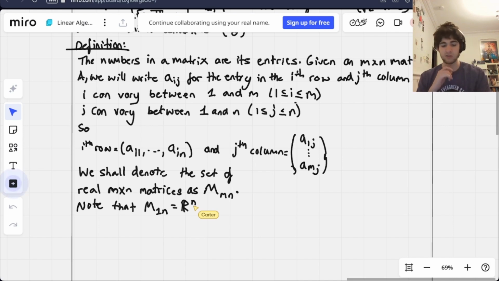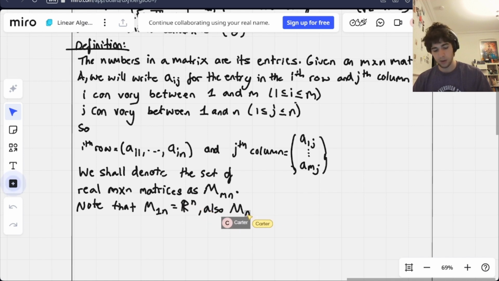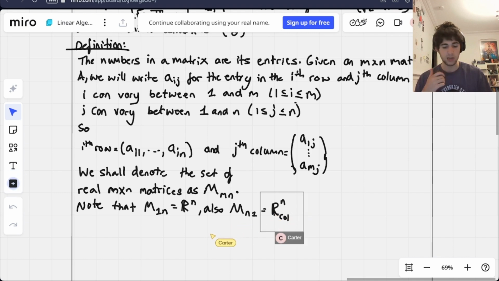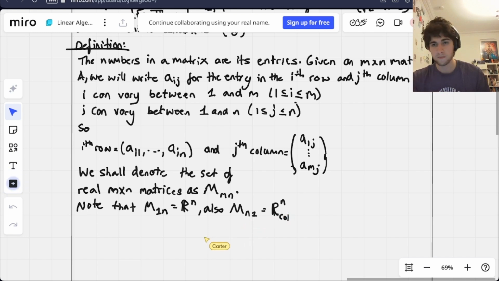So the n represents the choice of entries in our row vector. Also, the set of all n by 1 matrices is just going to be our column vectors. This represents the set of all column vectors with n entries. The same idea as the row vectors, just we put col here to distinguish between row vectors and column vectors.